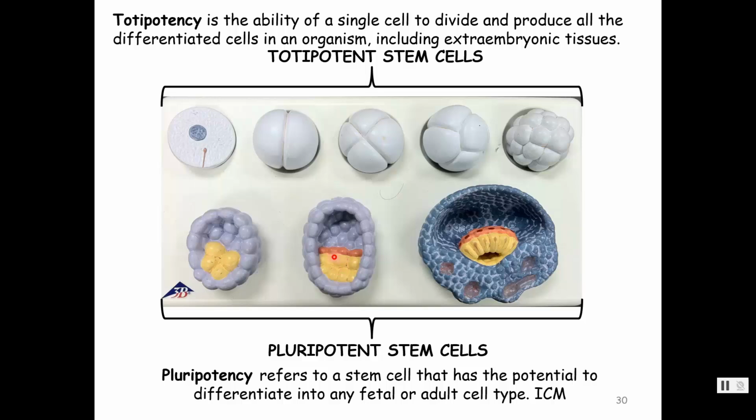These cells that are part of that inner cell mass are called pluripotent stem cells, meaning they have the potential to differentiate into any fetal or adult cell type. So these right here are the pluripotent stem cells. We talked about multipotent stem cells when we talked about those hemocytoblasts. Those are already a little more specialized and differentiated. They can only become blood cells.